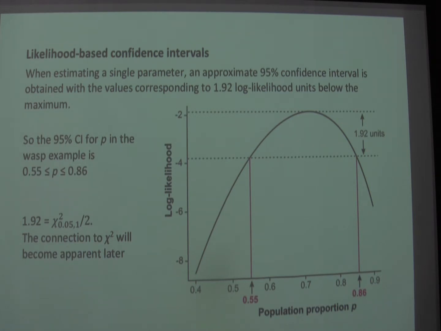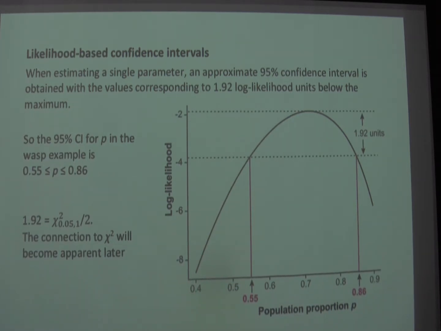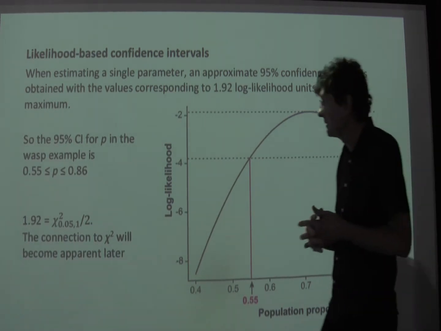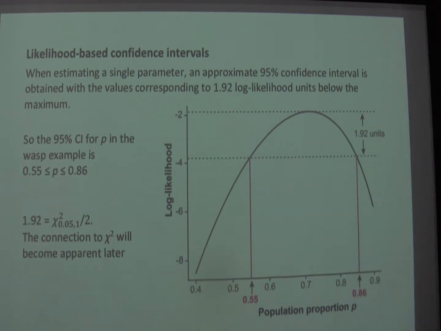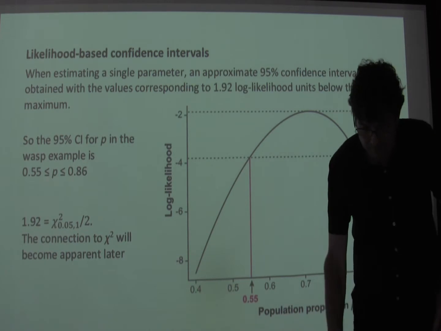In that case, the confidence interval is 0.55 to 0.86. And I'll explain a little bit later where this 1.92 comes from. It comes from a chi-square approximation, and it's half the critical value for chi-square based on 1 degree of freedom.